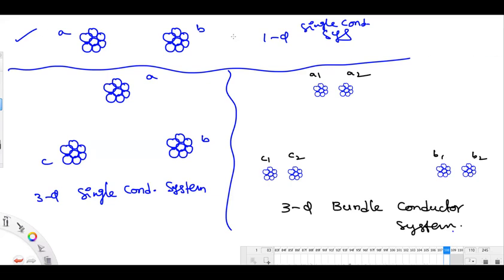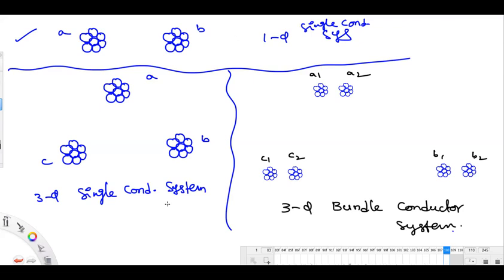Sir, I have another doubt while finding the inductance values, both when finding total inductance and self and mutual inductance.